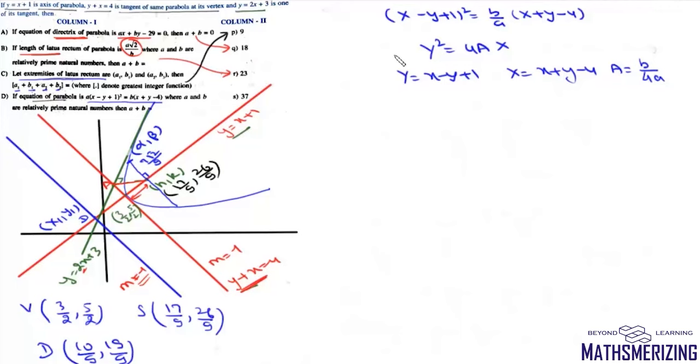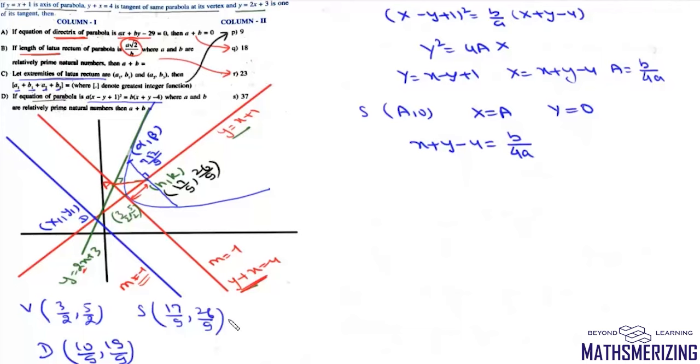Now we know that the focus of this parabola is at a comma 0. So that means capital X equals a and capital Y equals 0. So we'll take capital X as a. So capital X is x plus y minus 4, and this is equal to b upon 4a.